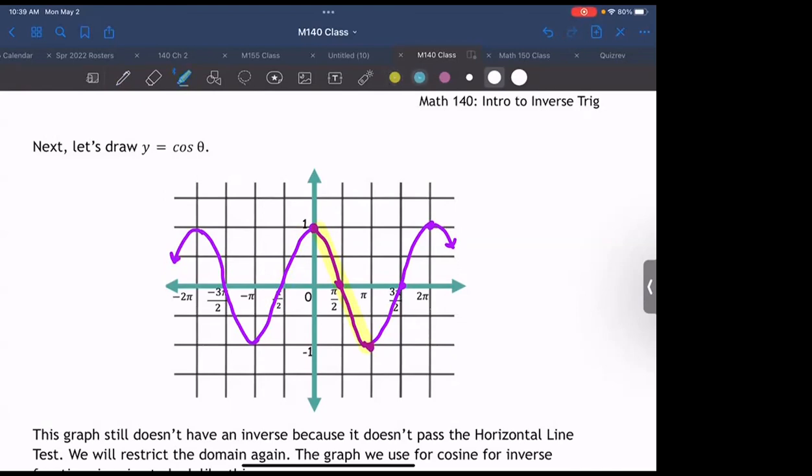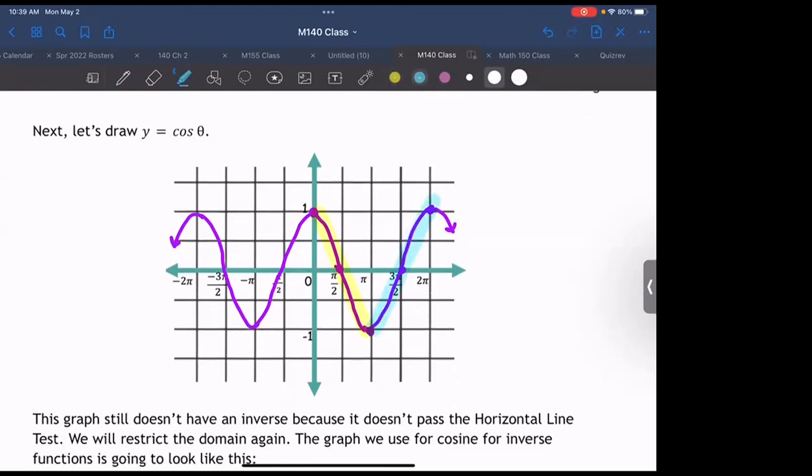Now technically, we could also restrict the domain using different areas like negative pi to 0, negative 2 pi to pi. But remember, the most important point for most applications always includes 0, right? 0 is usually something that happens a lot in real life.